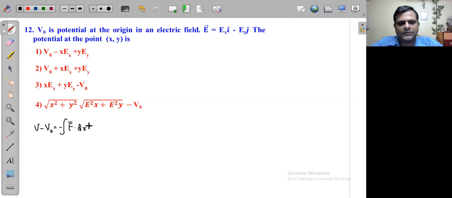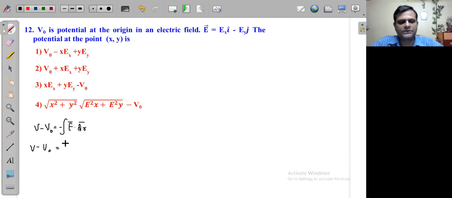Correct, this relationship we have, we have to use it here. So if we use it here, we get V minus V naught, where V is going to be the potential at this point x comma y, which we want here, and V naught is going to be the potential at origin. So at the origin the potential is V naught, which is already given there, right, given as V naught.